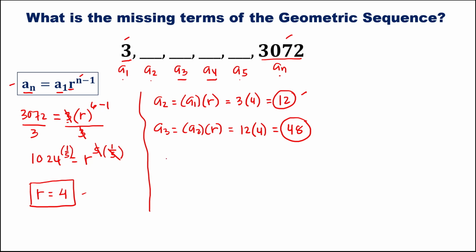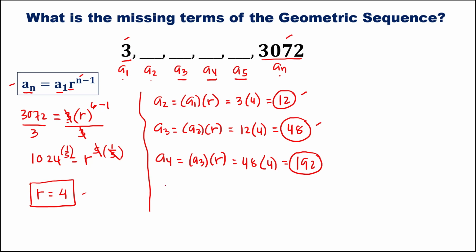Then to find the fourth term, a sub 4 equals the third term, a sub 3, times the common ratio. This is 48 for the third term times the common ratio, 4, and 48 times 4 is equal to 192.